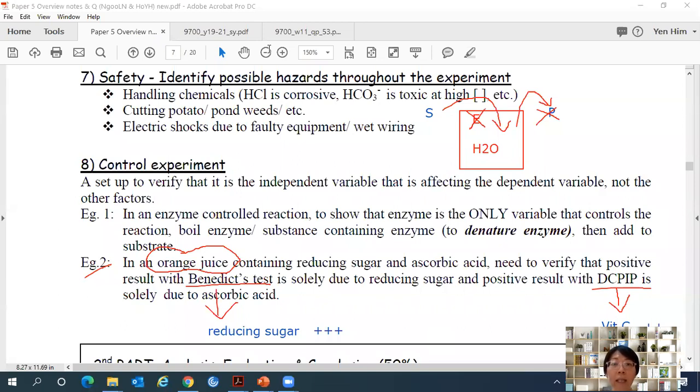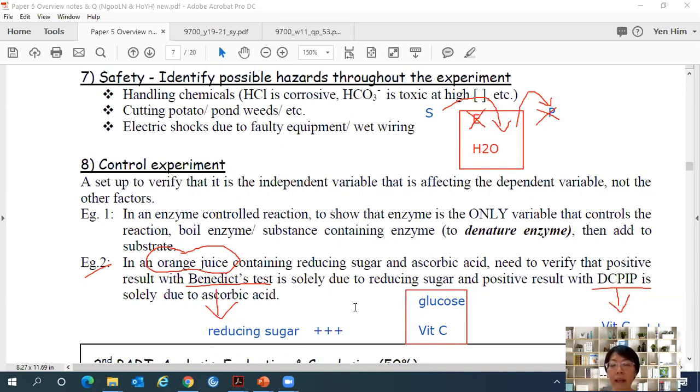Because in my beaker of orange juice, I have got two things inside there. I have got, let's say, sucrose. I don't want sucrose. I have got glucose. And I also have got vitamin C. I have two things in my solution, which is my orange juice.